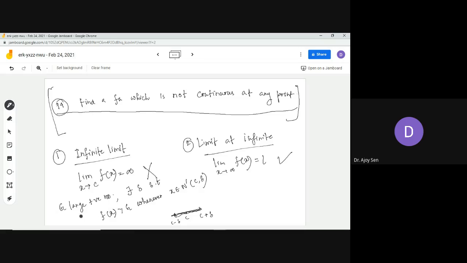Whatever g is, there is a neighborhood around the point c, and whenever x lies in it, the value of f(x) will be greater than g. So if g changes, delta changes.